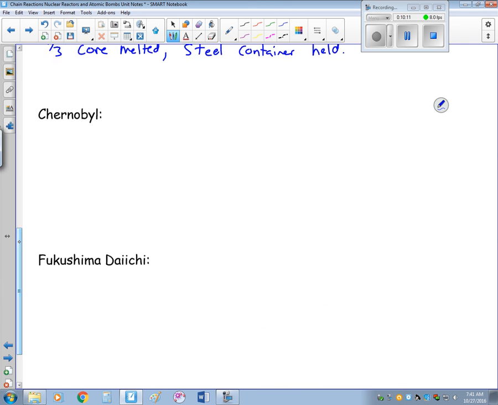Chernobyl was probably the most dangerous or the worst one of all time. It happened in 1986, and so what happened was this one used carbon as a moderator. So during a test of the safety of the reactor, the chain reaction grew out of control.